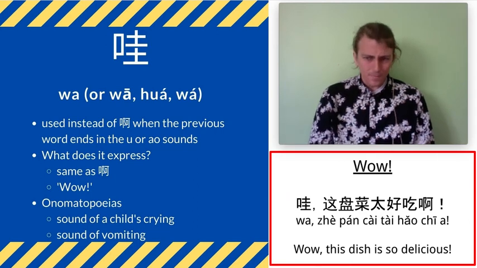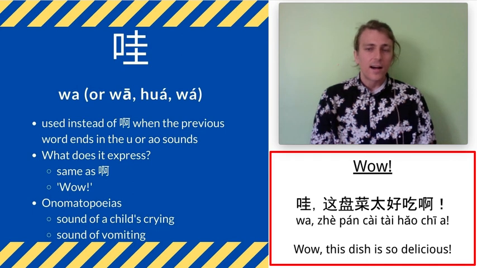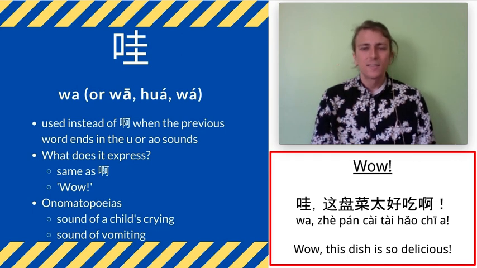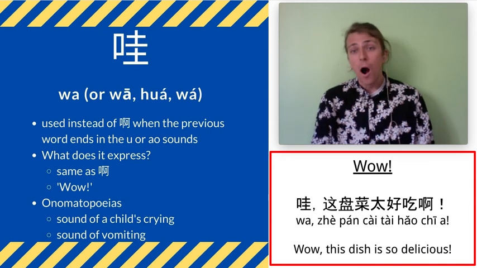Wa is also wow in Chinese, which I like. So, for example, in this sentence below, we have 哇，这盘菜太好吃哇. So I put wa at the end of the sentence because it's an exclamation. Wow, this dish is so delicious. But yeah, wa at the beginning of a sentence usually means wow.